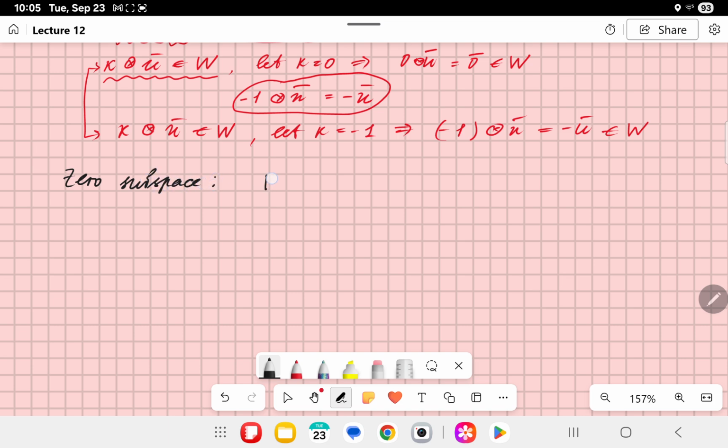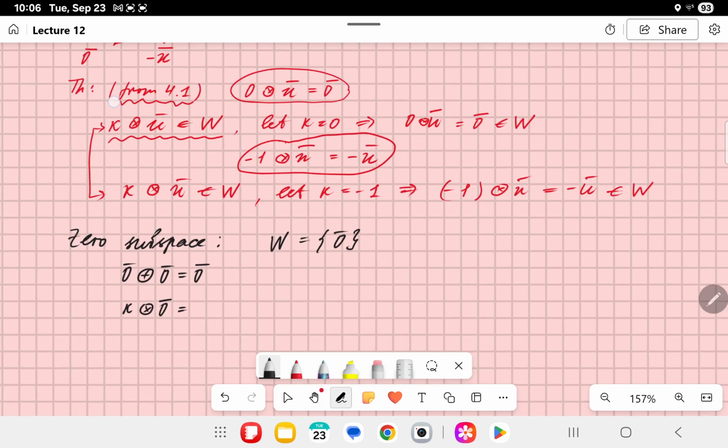Zero subspace consists of just one element, the zero element. But is it closed under addition? So if I add 0 to 0, what am I going to get? Well, 0, because 0 added to any element gives the same element. If I multiply any number by the 0 vector, I know from the very same theorem that it's going to be 0.